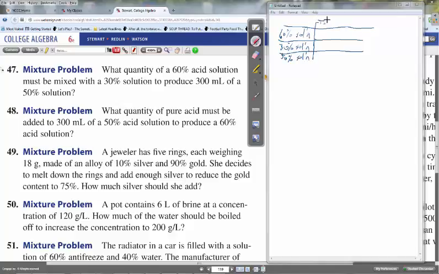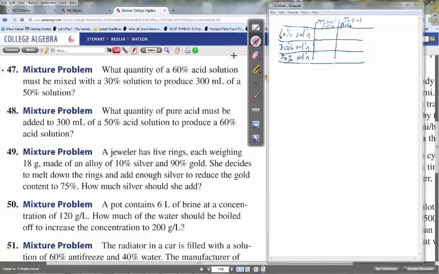Columns, I'm going to make two columns, one for the total solution, the total liquid in this case, and the other will be a total pure, whatever the percentage refers to.